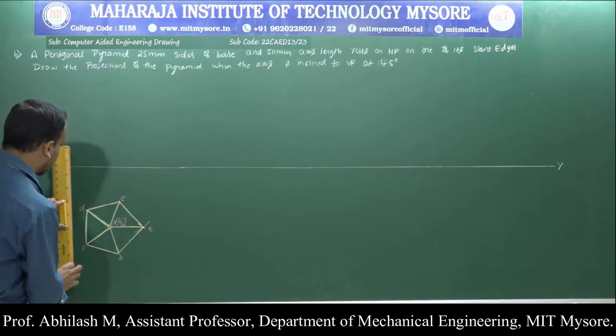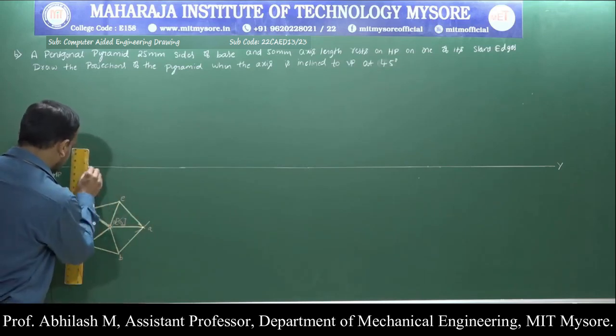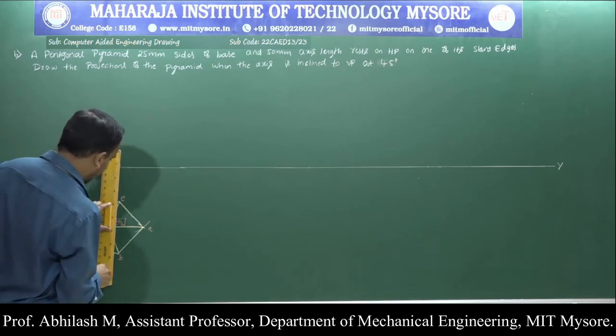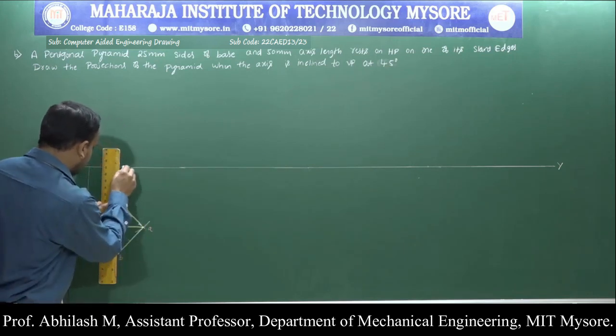Draw the projection lines up to xy first. Similarly, from the corners B and E, it's a common line, for both.